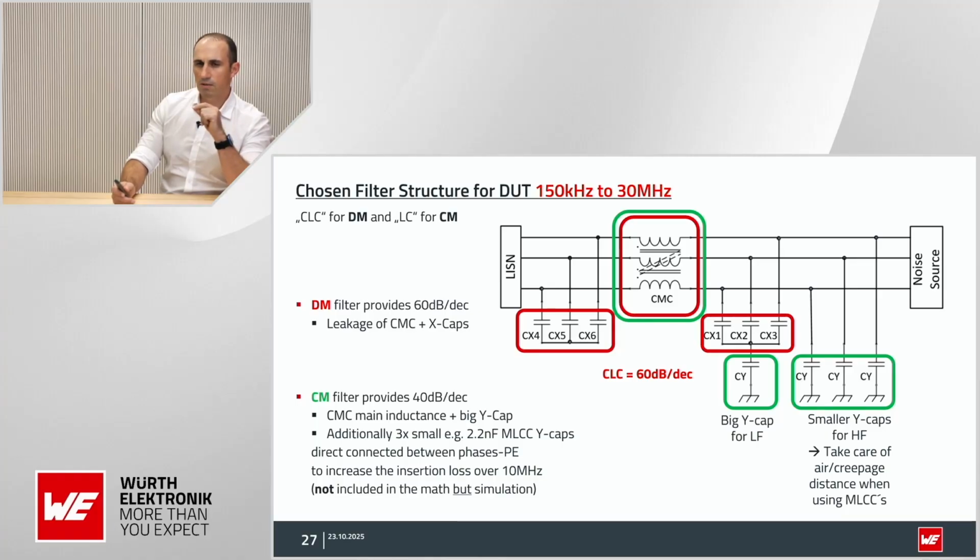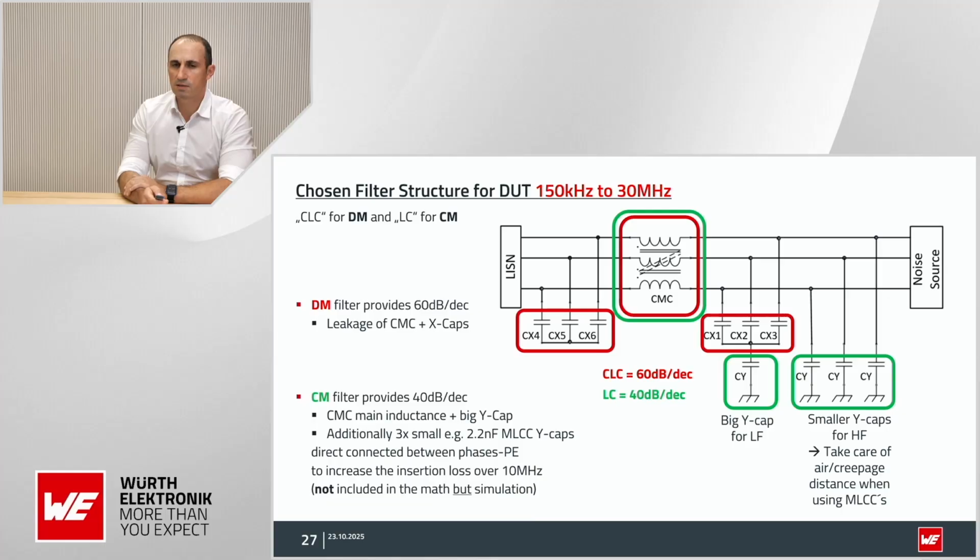So we can use the beneficial high frequency behavior of the small MLCCs, and as they are below 4.7 nanofarad, they do not have a high leakage current. So we can combine both good properties of the MLCCs and the film caps.